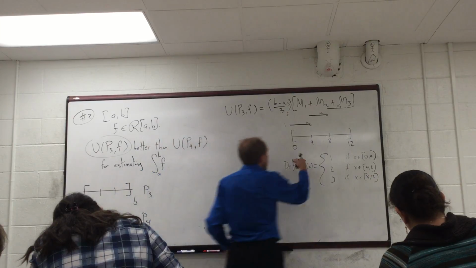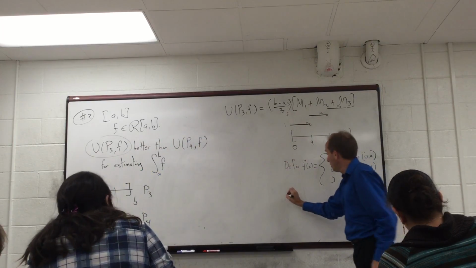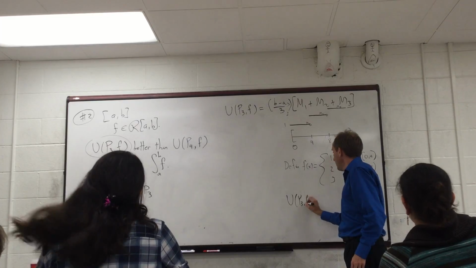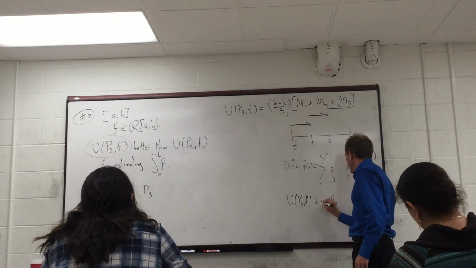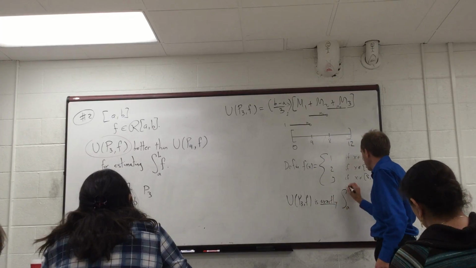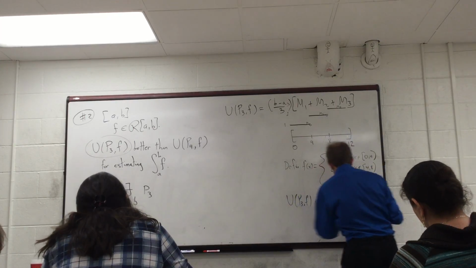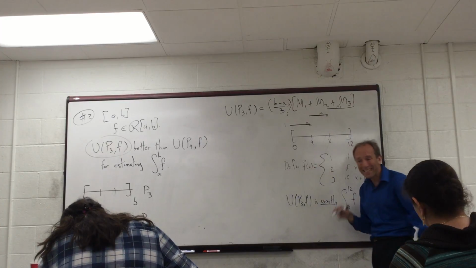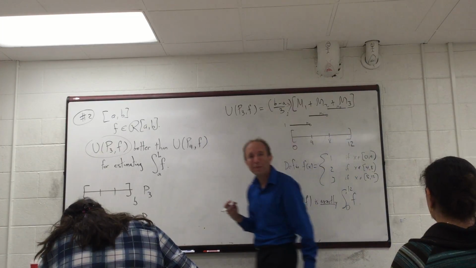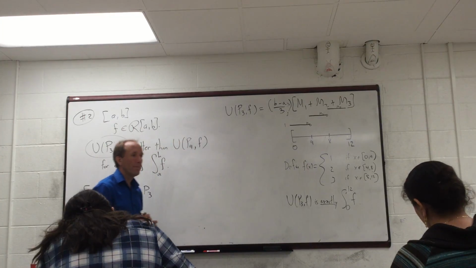The idea here is that with this function on this interval, UP3 of f is exactly the correct value of the integral from 0 to 12 of f. It gives us the exact right value. You guys agree with that?